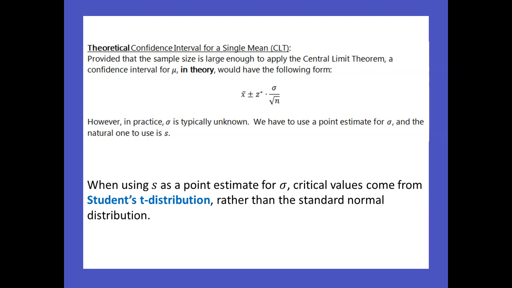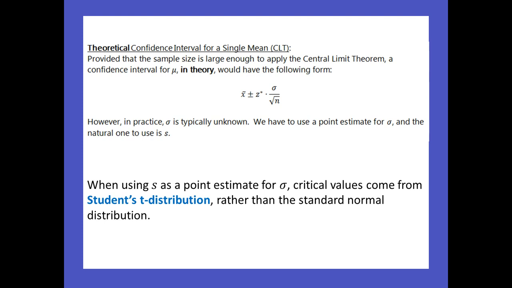So we're going to have to use a point estimate for sigma, and the point estimate that we're going to use is s. This is sort of like with a single proportion, where underneath the radical, you don't know what p is, so you have to use a p hat. We have to do a similar thing here where there is an obvious point estimate, but that's actually going to cause another change here.